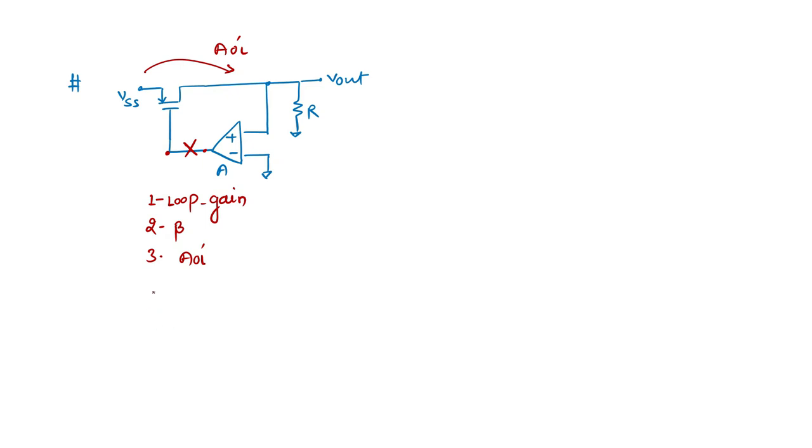Beta is a function of the amplifier gain. So from these three things we can calculate the gain. What is the way? We have seen it many times in the frequency domain analysis. One way is directly calculating AOL dash divided by 1 plus beta AOL dash, where AOL dash is the gain from VSS to V out.